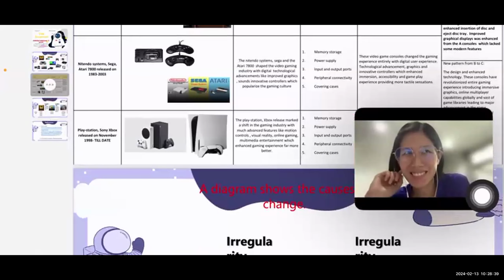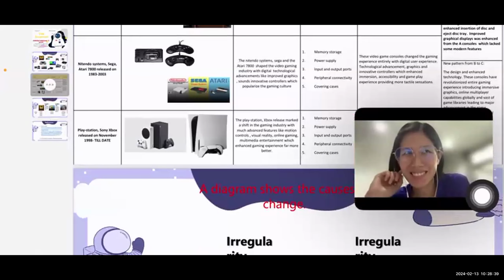Yeah, I can see the change from the beginning of our game console to the nowadays one. I have some questions for the common thread. So you listed 5 common threads of all 3 patterns.